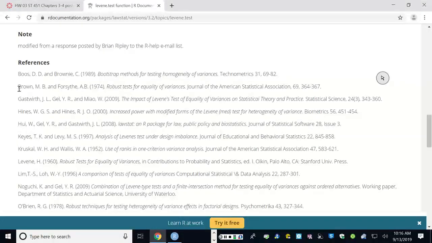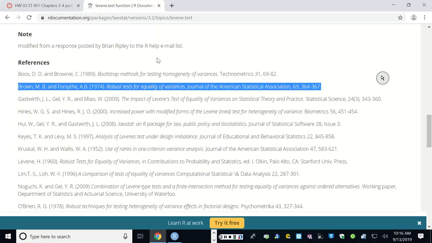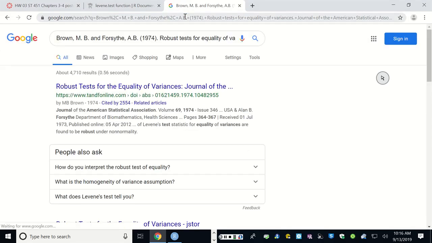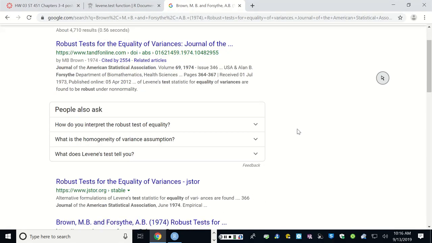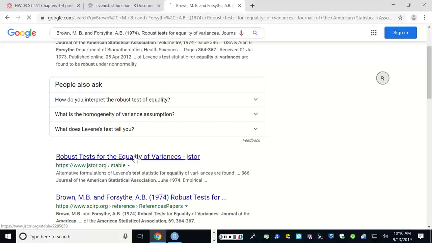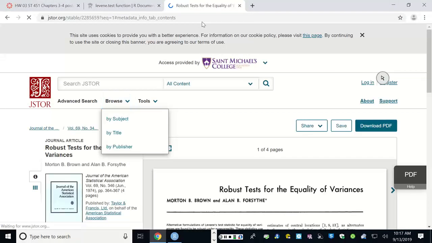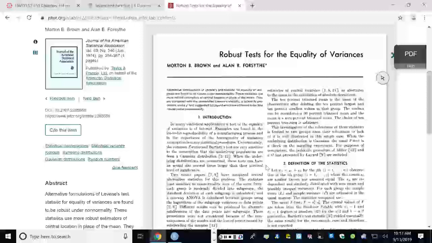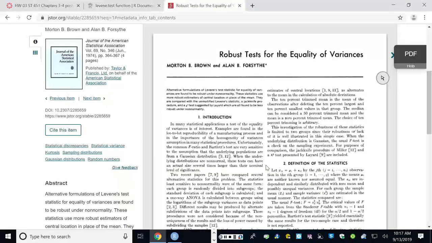Here's where Brown and Forsythe suggested alternatives. This is the Journal of the American Statistical Association, so you grab that whole citation and search for that article. It's JSTOR. JSTOR is an online collection of old journals. I mean old, like 5 years and back.